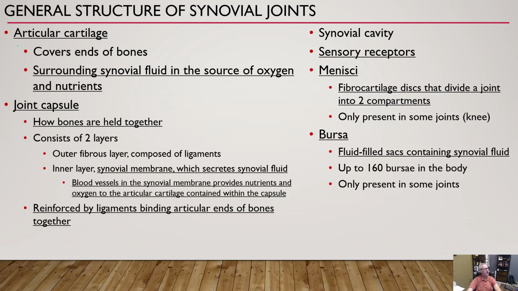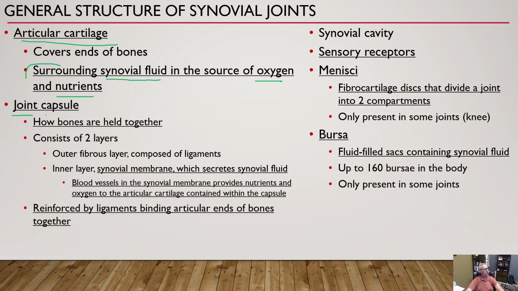Remember that we have that articular cartilage that covers the epiphyses of the long bones. And then it's surrounded in this synovial fluid. In that synovial fluid, we have a bunch of oxygen and nutrients that's going to supply that joint with everything that it needs to continue to grow and thrive.